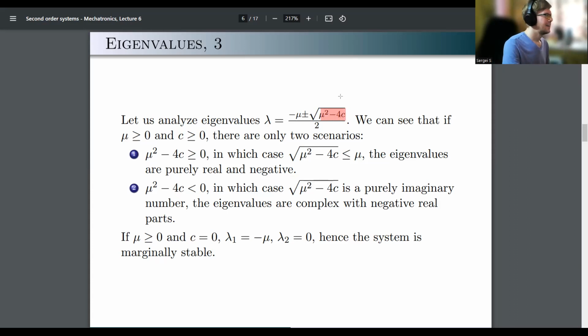That's it. Now, if you notice, there is a bigger or equal to 0 here. So if mu was equal to 0 and this guy was negative, then we would have purely complex eigenvalues with 0 real part. If you remember Lyapunov theory, this means a marginally stable system. All right, so this, I think, we exhaustively looked into.